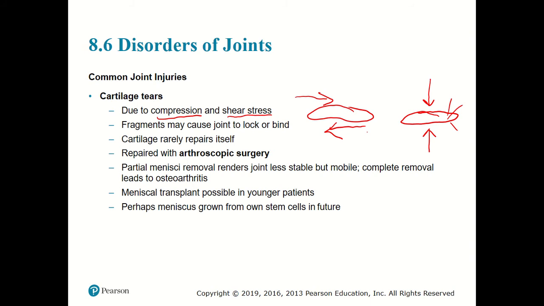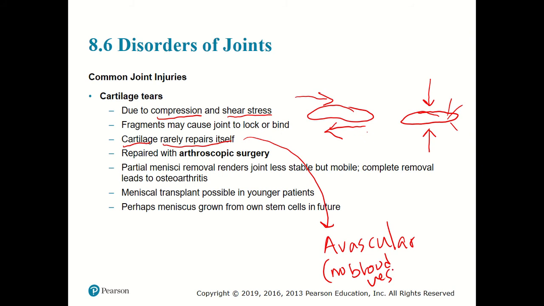So the issue with these is that cartilage, again, rarely repairs itself, right? It has a tough time repairing itself. And why is cartilage tough to repair? Because cartilage is what? Avascular, right? Which means what to everybody? No blood vessels, right?